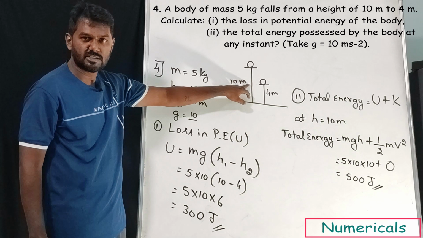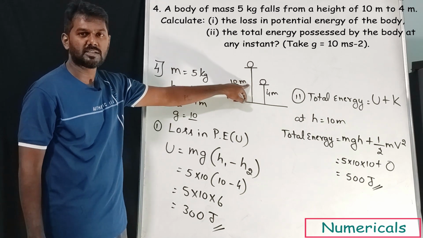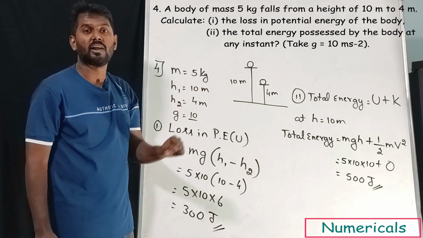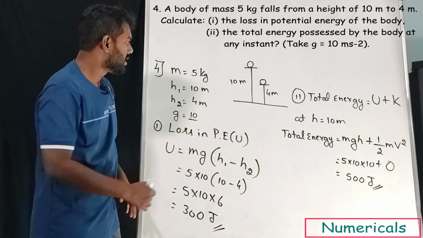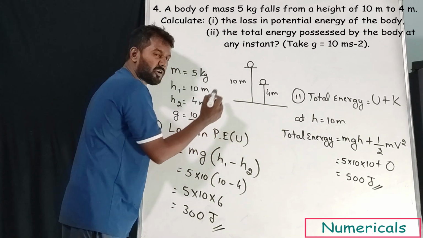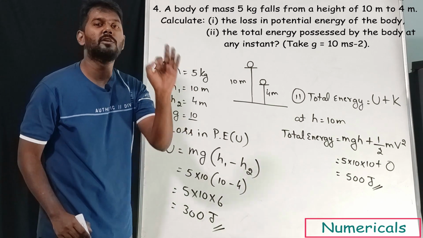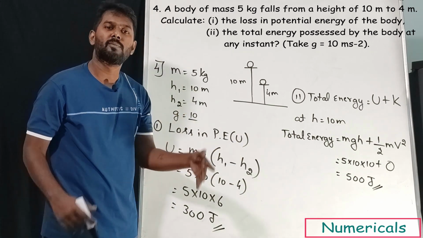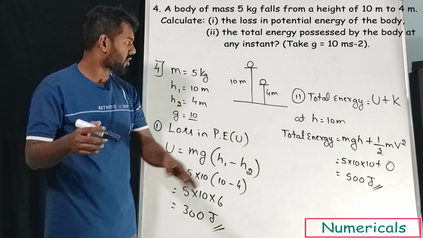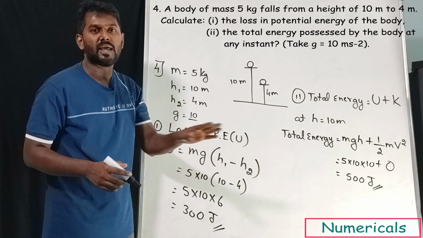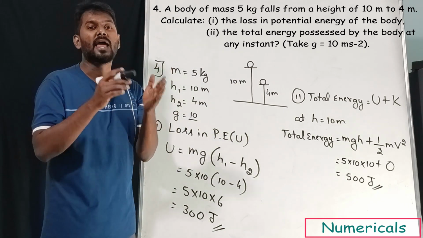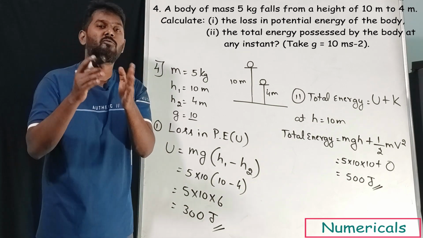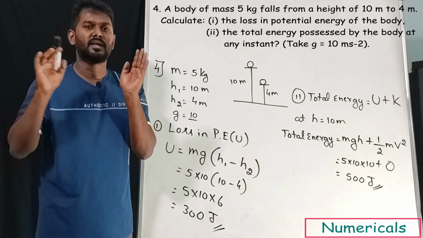So if the potential energy at this point is 250 joules, then kinetic energy will also be 250 joules. Then 250 plus 250, 500 joules. At this point, exactly before reaching the ground, potential energy will be 0, kinetic energy will be 500 joules. So at any point, total energy will remain the same. Why? Mechanical energy is nothing but the sum of potential energy and kinetic energy.